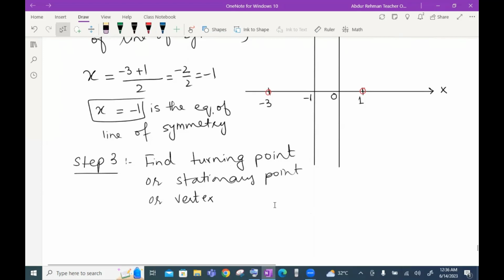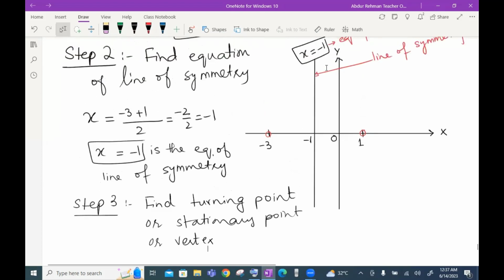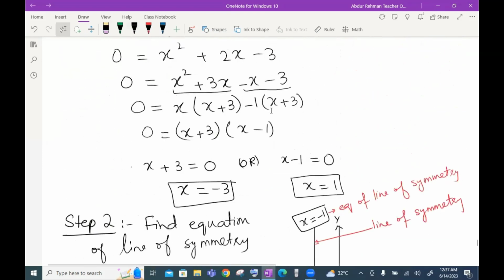We can find the coordinates of the turning point by putting x equals minus 1 in the original equation. The original equation was y equals x squared plus 2x minus 3.